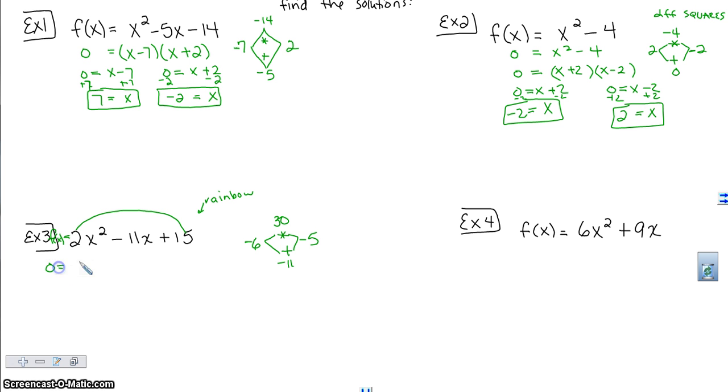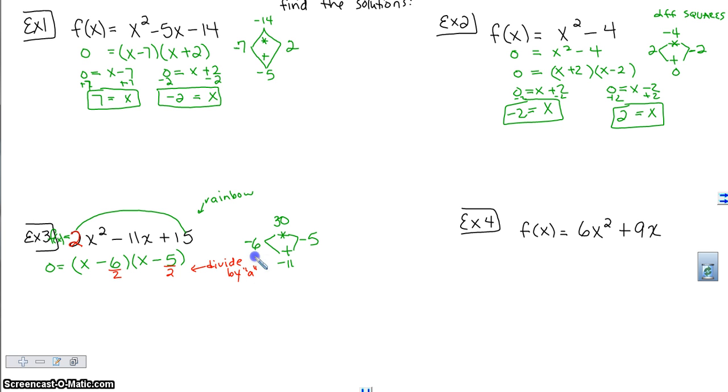So our factors. Now because this is a rainbow problem, we have to divide by a. That is the part that we are still having a little bit of trouble with. Divide by a right here, and write it down.